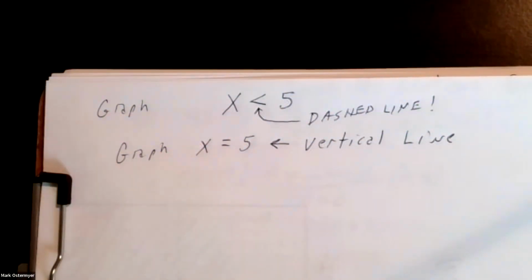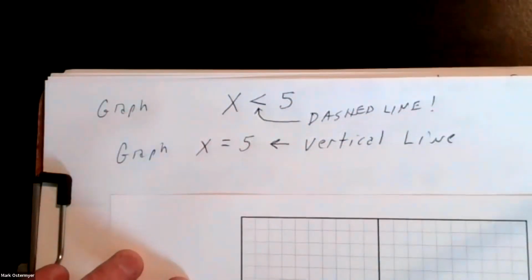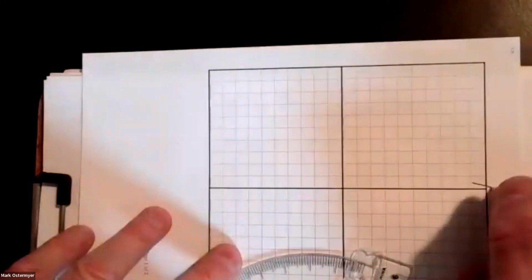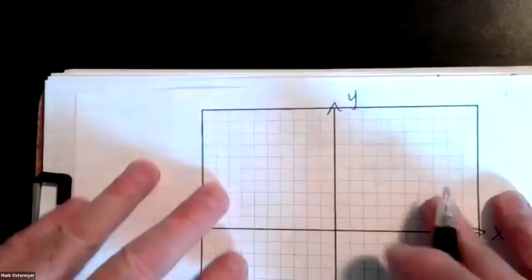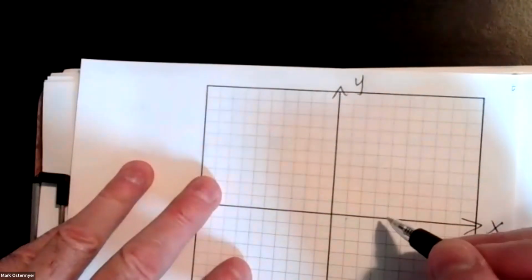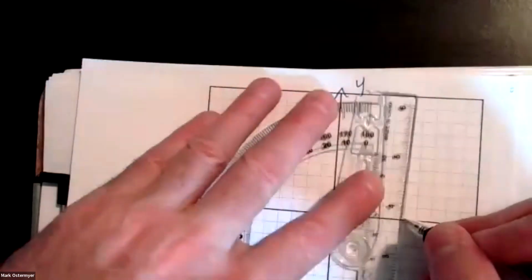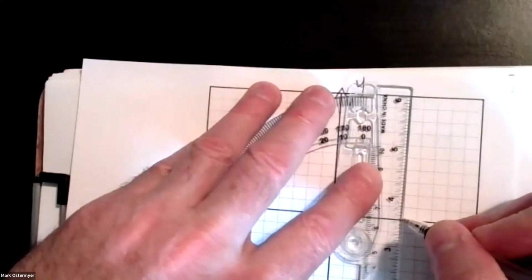So we take a piece of graphing paper here, and we're going to graph x equals 5, and the graph of x equals 5 is going to be a vertical line that goes through the x-axis at 5. 1, 2, 3, 4, 5, right here. So it's a vertical line going through the x-axis right here at 5.